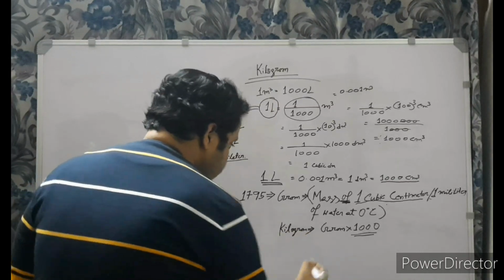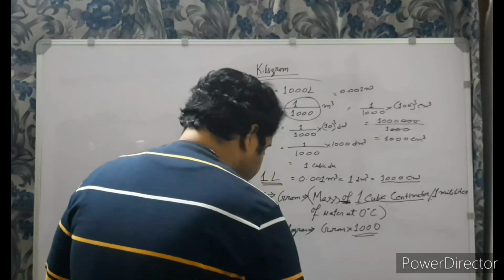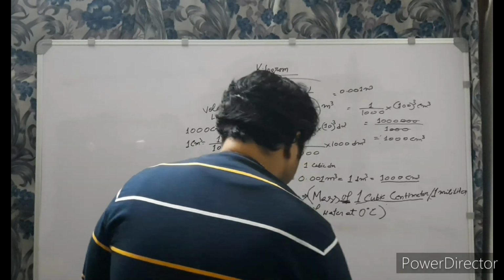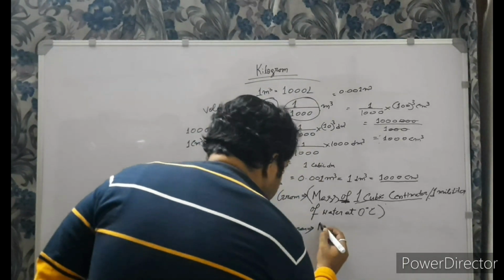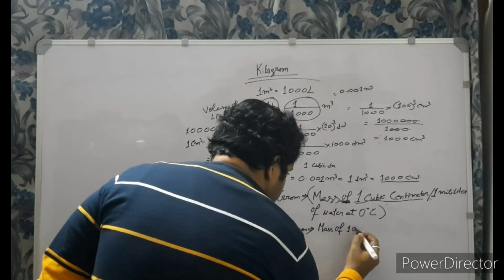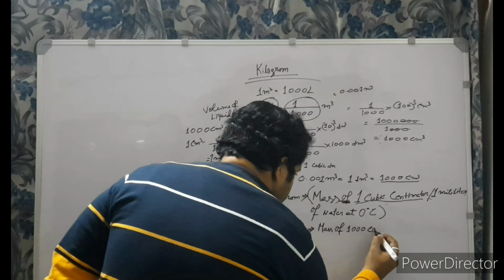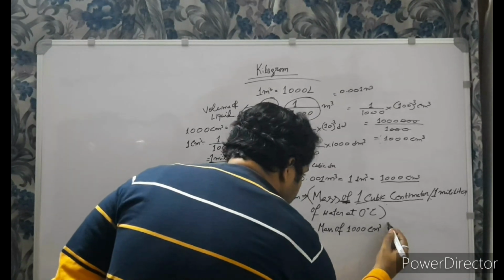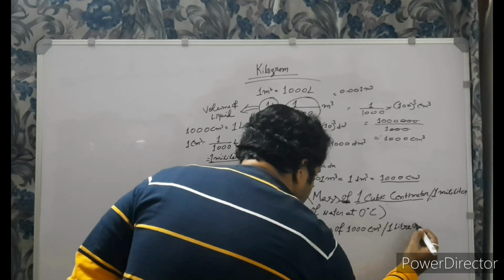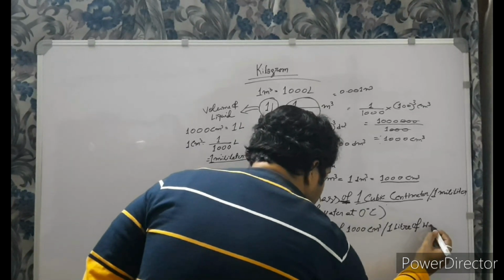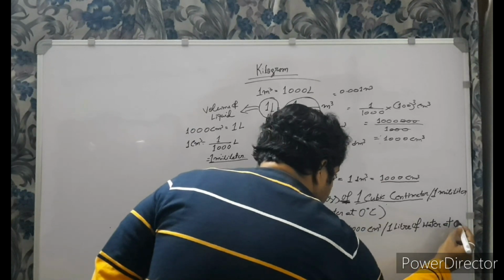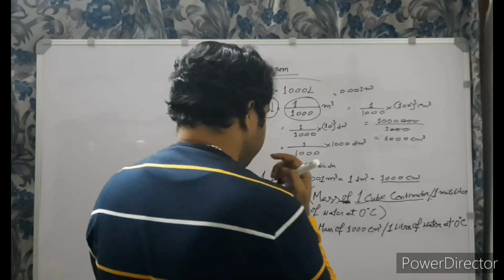So kilogram would be the mass of 1000 cubic centimeter, or 1 liter, of water at 0 degree centigrade.